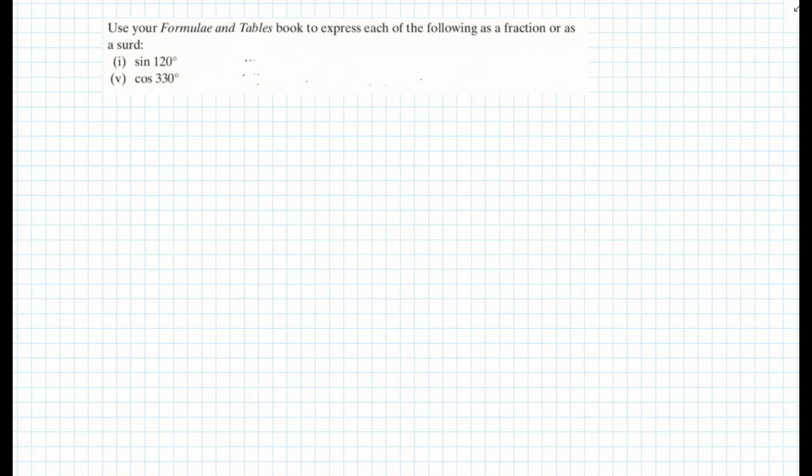So what I would do, so they don't want us to use our calculator here. So what I'm going to do is just sketch what we basically just did, our unit circle. And I want you to see that they're talking about the angle of 120 degrees. So there's my 90, there's 180 and 270 on the y. So 120 is roughly around here.